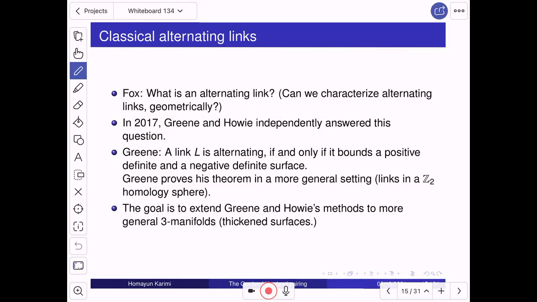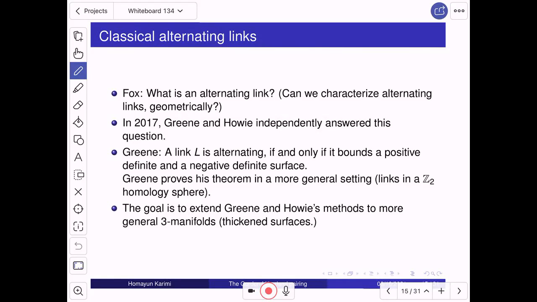And in 2017, Josh Greene and Josh Howie independently answered this question. In fact, you can see the theorem of Josh Greene here. Greene proved that a link L is alternating if and only if it bounds a positive definite and a negative definite spanning surface.